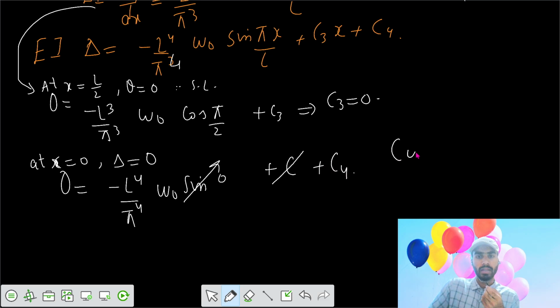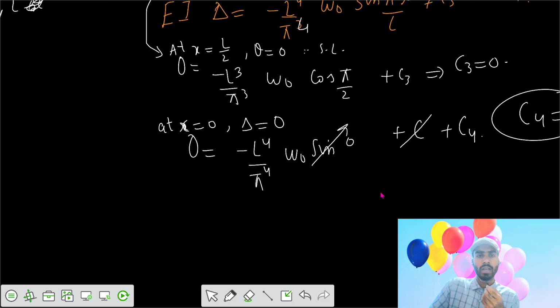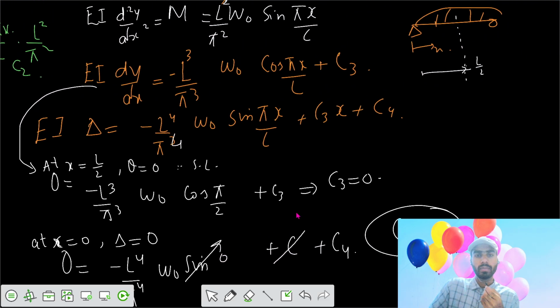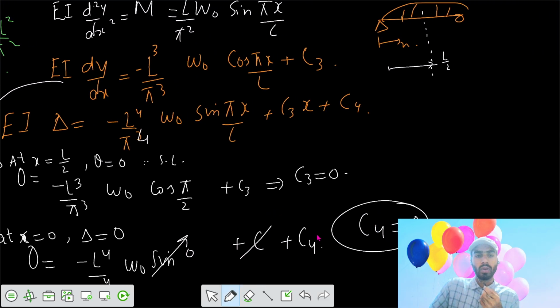So we get C4 also 0. So the final equations of slope and deflection: EI dy by dx equals L cube by pi cube, and this one is 0, similarly this one is 0.